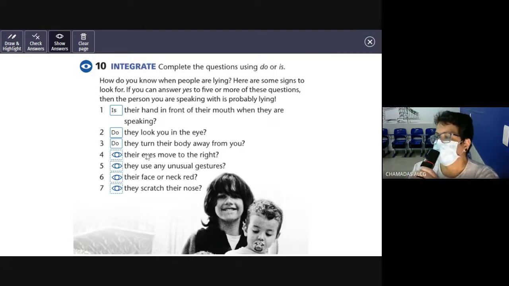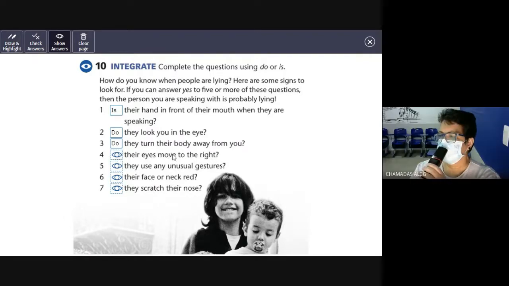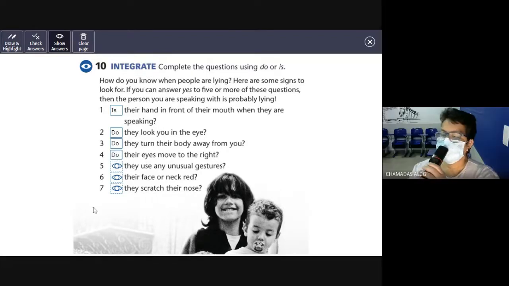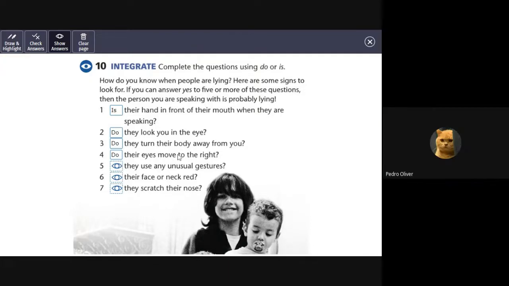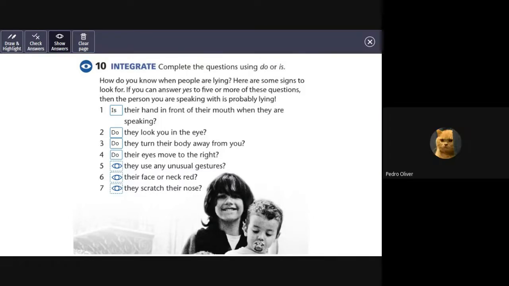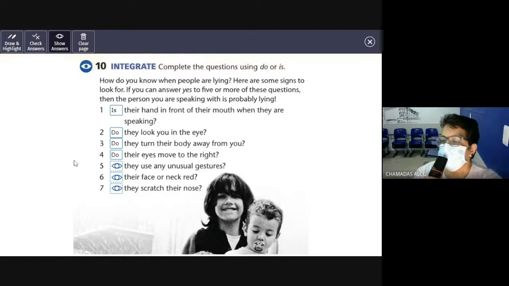Number 4. Do. There is a verb here. So, do their eyes move to the right? That's a good indication the person is lying, when the person moves the eyes to the right. Number 5.